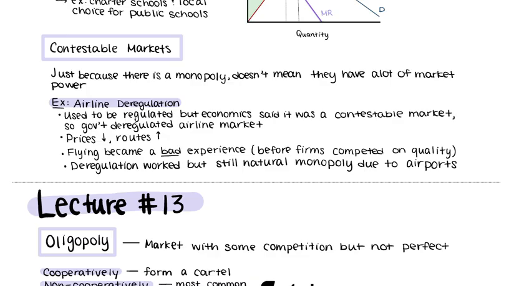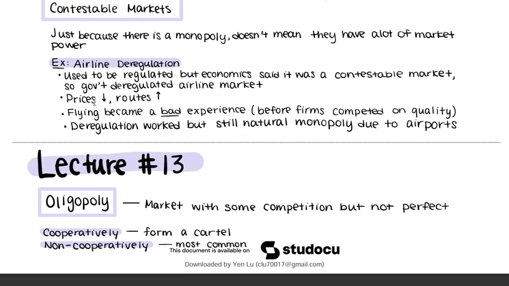They just deregulate. If the government lets different airlines compete with each other, they achieve more social welfare than under government regulation. Prices went down and routes went up after the government deregulated, and flying became a bad experience, because before, firms competed on quantity.